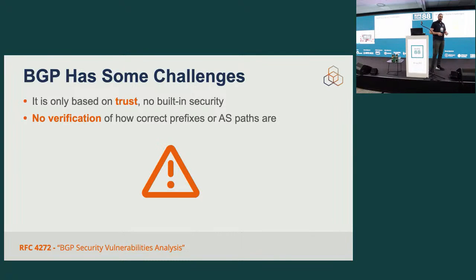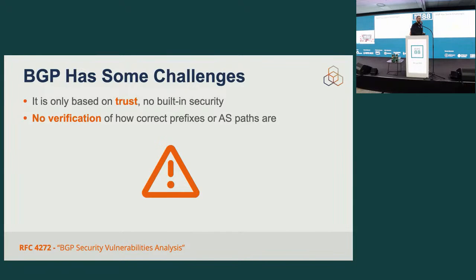Now, you can imagine that back then, the internet landscape, the network ecosystem was a little bit different than today. The people who were doing BGP, who were connecting the networks, they knew each other. I don't think that they really realized that at some point we would be having 80,000 autonomous systems like we have today, exchanging traffic on the internet, sometimes with people that you've never met before.